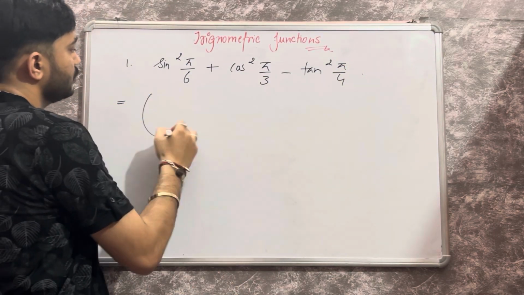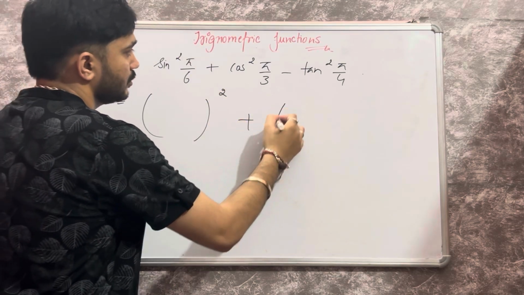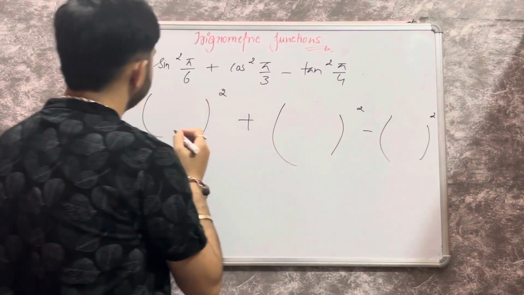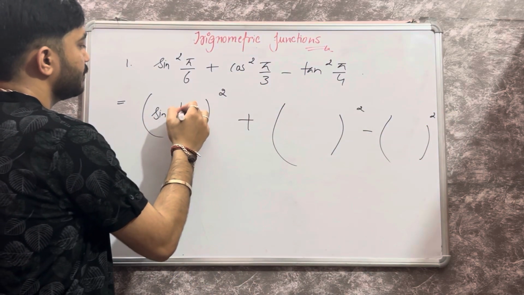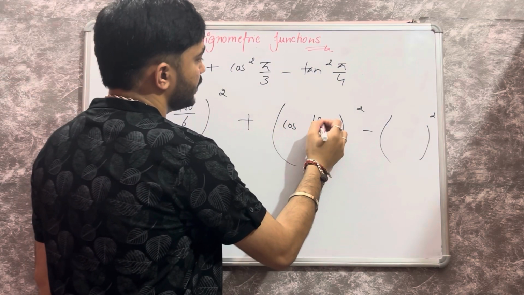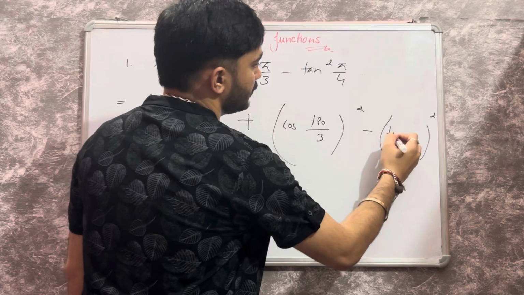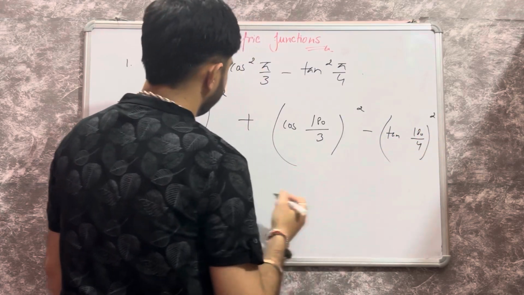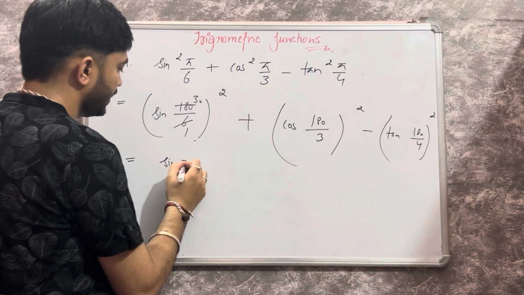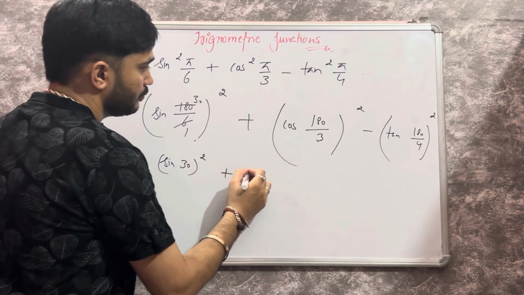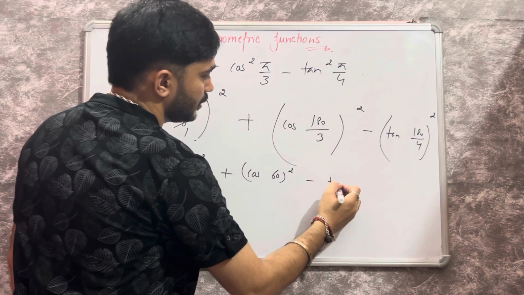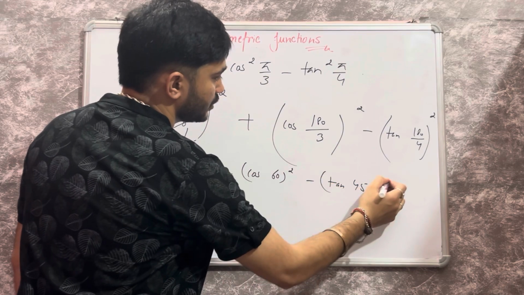Firstly, write square outside the bracket. Sin pi by 6, pi is 180 degree divided by 6. Cos pi by 3, pi is 180 degree divided by 3. And tan 180 degree divided by 4. This will be sin 30 square plus cos 60 square minus tan 45 square.